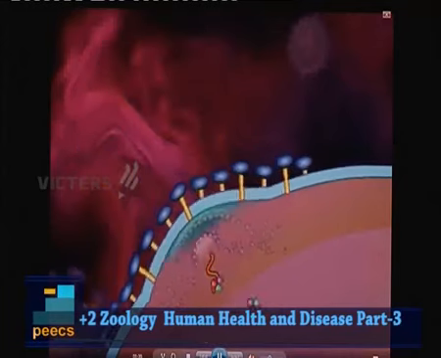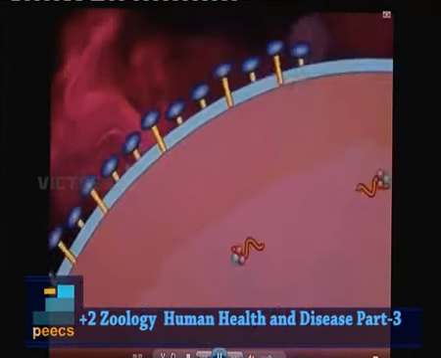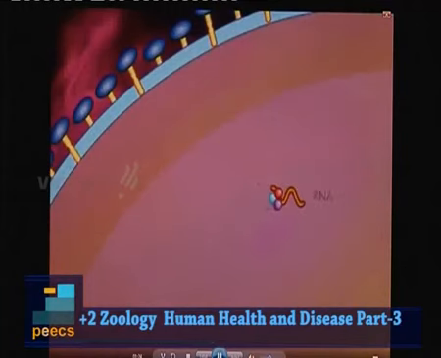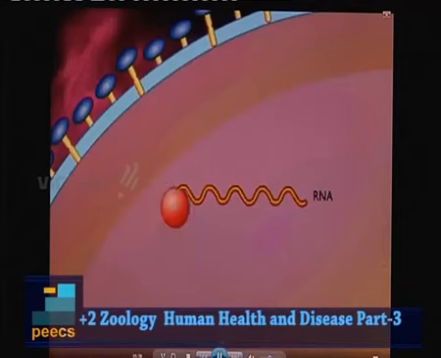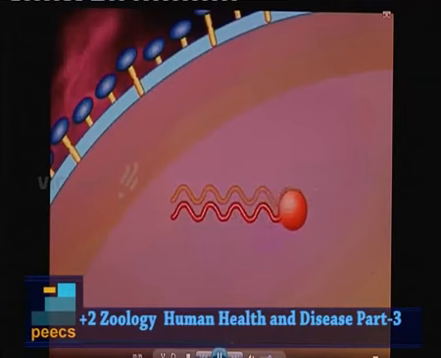Yes, you can see the two RNAs are coming inside, and from that RNA using reverse transcriptase, you can see a DNA copy is being made.